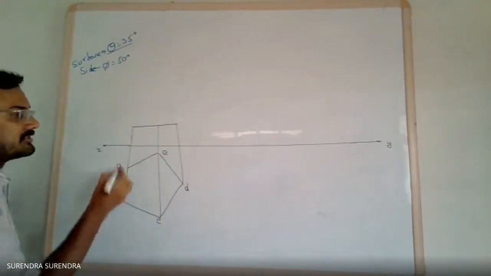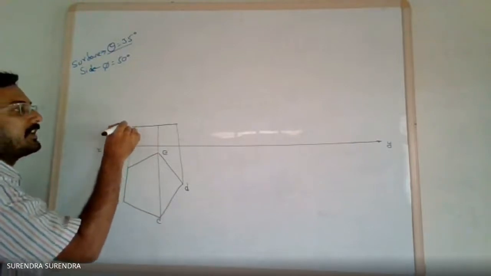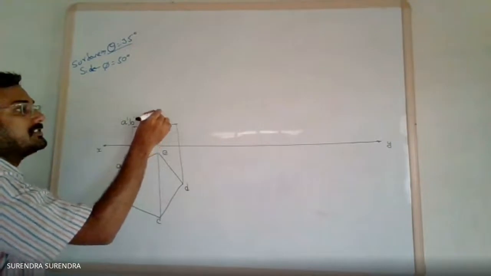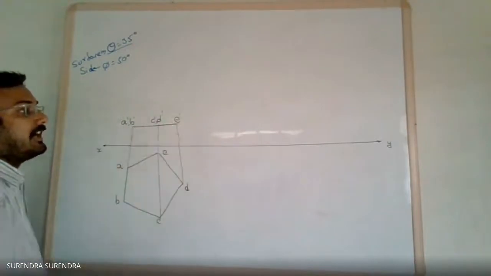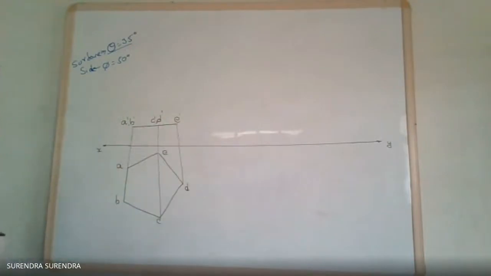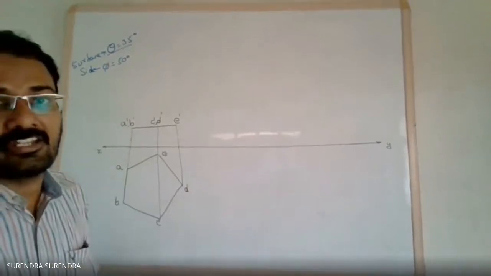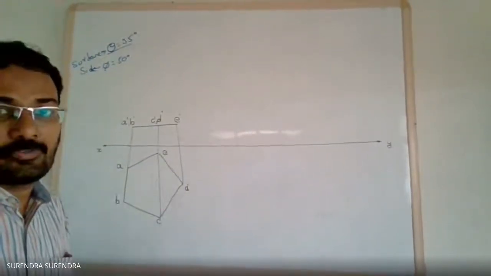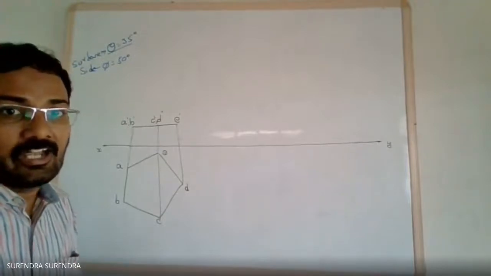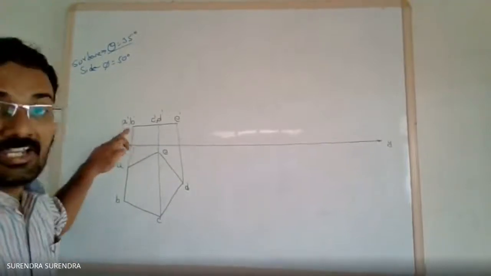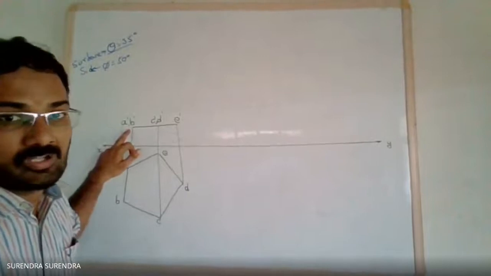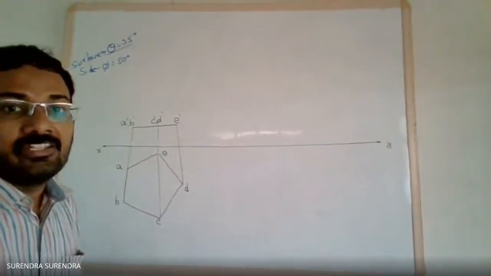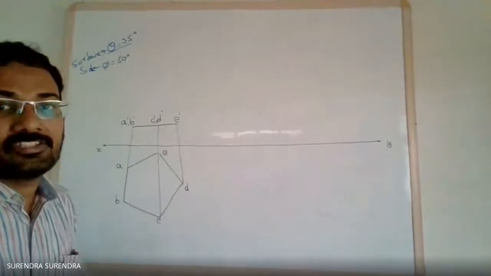Name the points A dash, B dash, C dash, D dash, and E dash. So this is the position when the surface is parallel to HP and edge AB is parallel to the horizontal plane. The condition is satisfied.